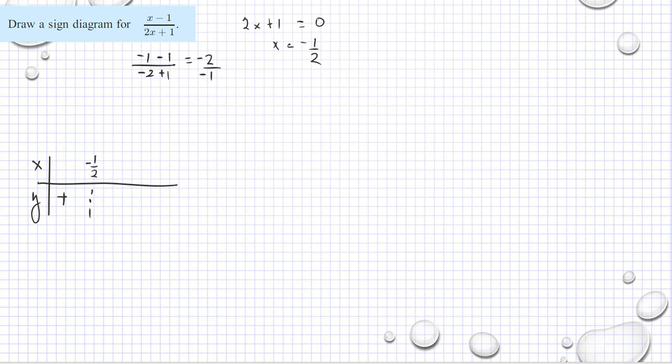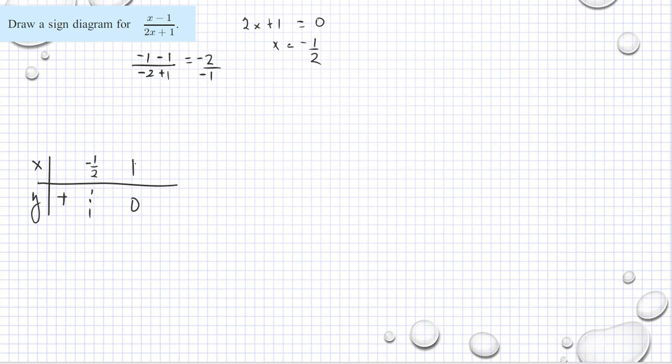And if it's 1, for example, so we have 0.